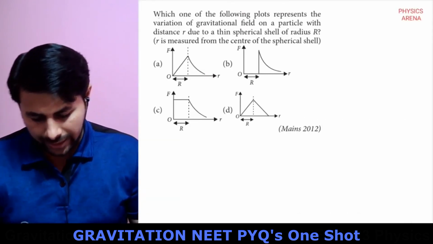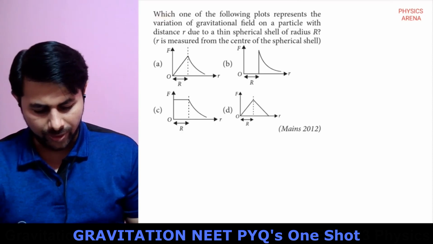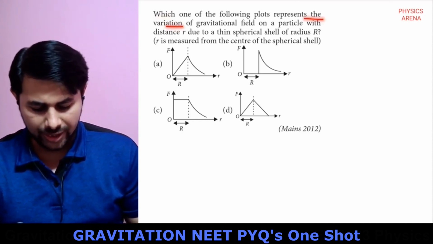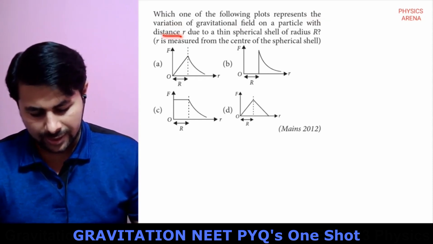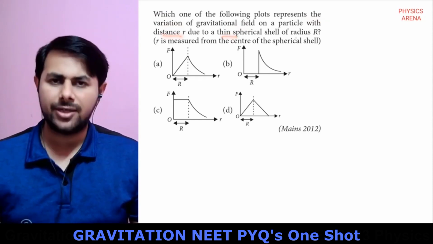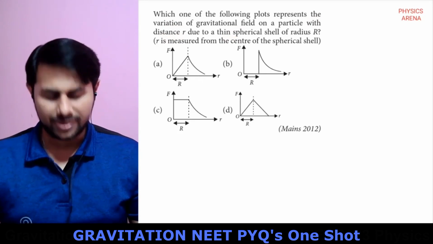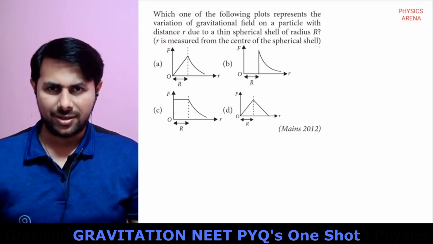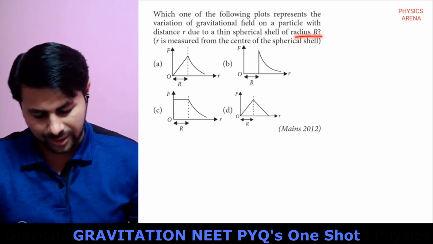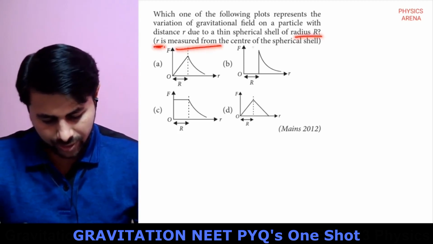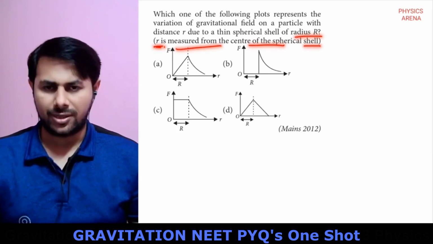Then next question, which one of the following plots represents the variation of gravitational field on a particle with distance r due to a thin spherical shell? Now this is different. It is a thin spherical shell. Gravitational field due to a thin spherical shell of radius R, where small r is measured from the center of the spherical shell.